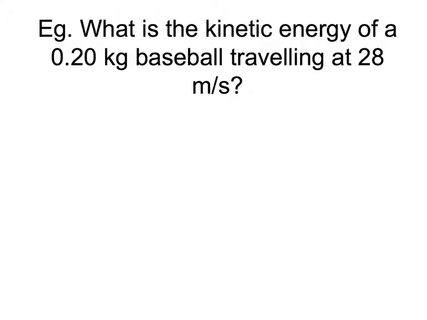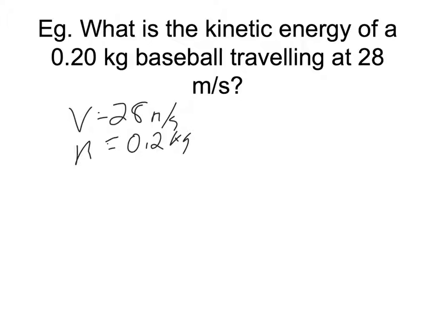For example, let's say you throw that ball and now it's traveling at 28 meters per second and you want to know how much kinetic energy it has. Well, the velocity is 28 meters per second. The mass of the ball is 0.2 kilograms.